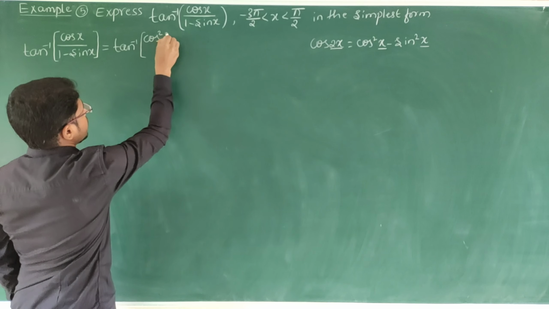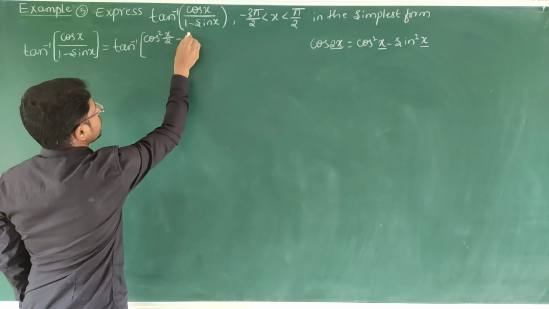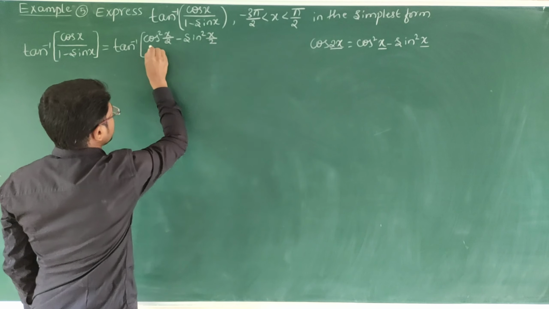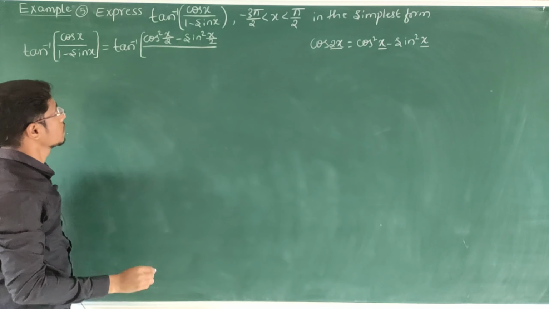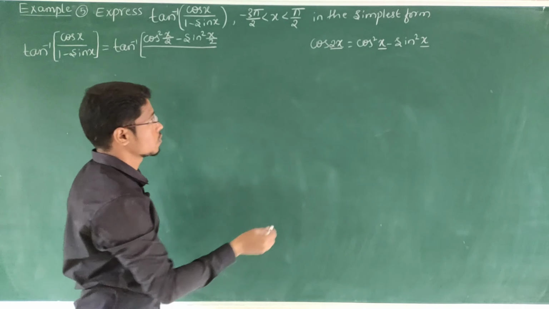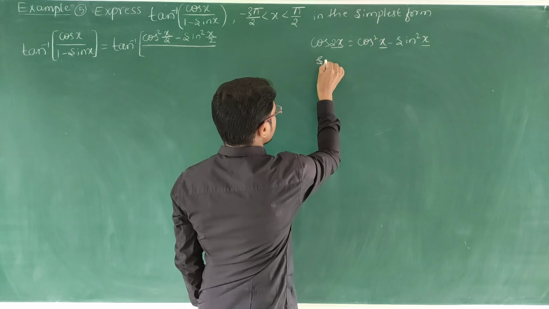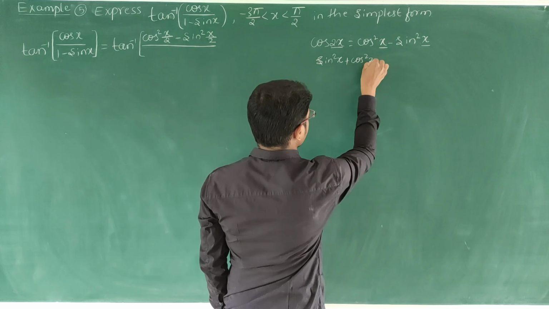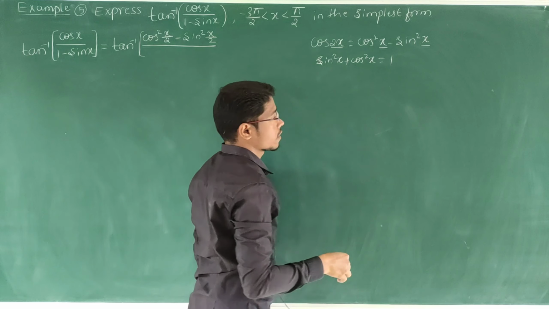Cos square x by 2 minus sin square x by 2 divided by 1. In the place of 1 I will write, so we know sin square x plus cos square x equal to 1, right?